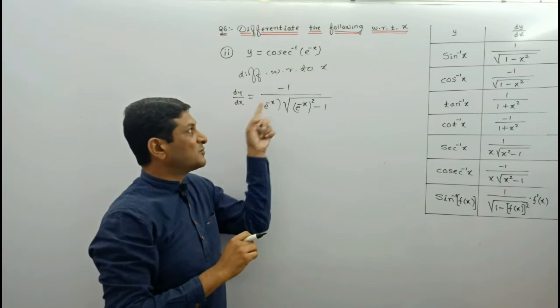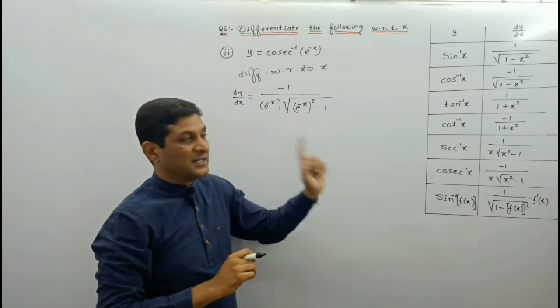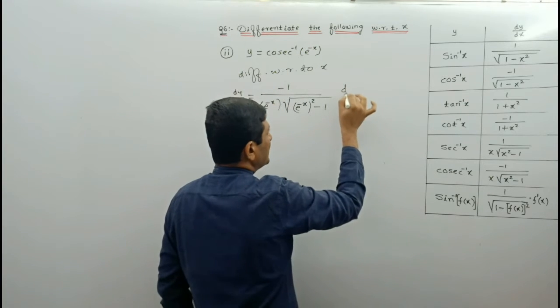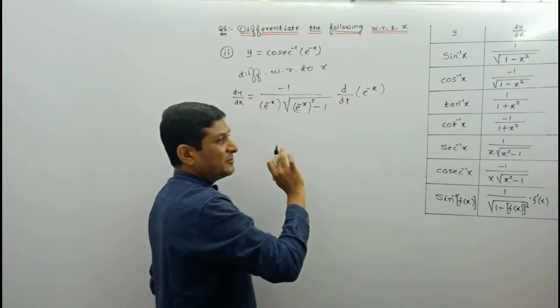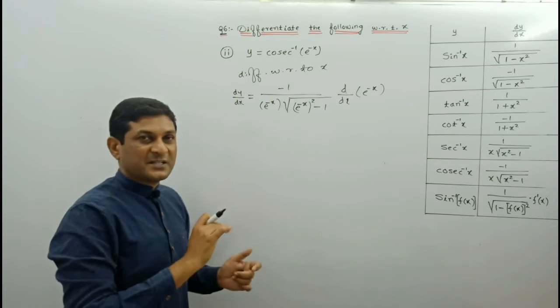So its derivative is minus 1 upon f of x into under root f of x square minus 1. Just simply replace x by this f of x and multiply by its derivative, meaning the derivative of e raised to power minus x. Now we have substituted the values in our standard formula. Now let us simplify it.